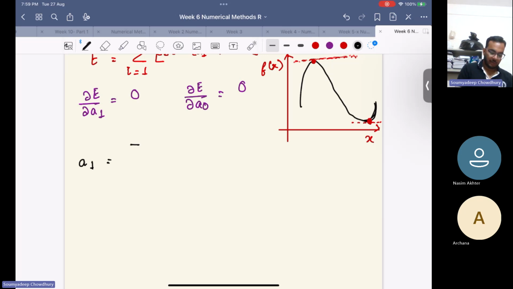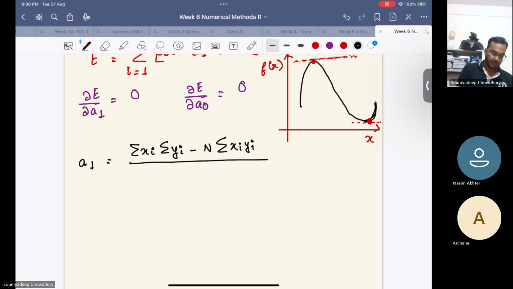So what is a1? A1 is summation xi summation yi minus n, and this is the formula for A1. And A0 is summation yi minus A1 summation xi.